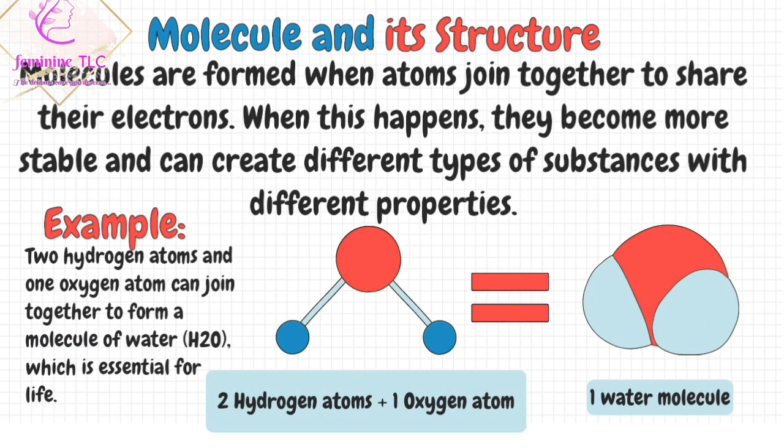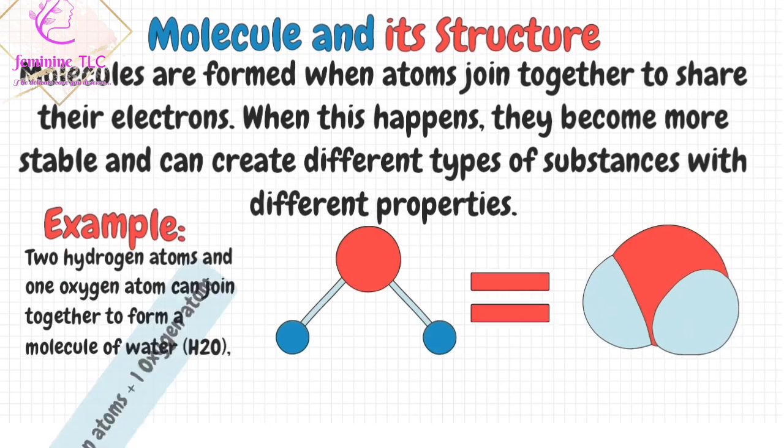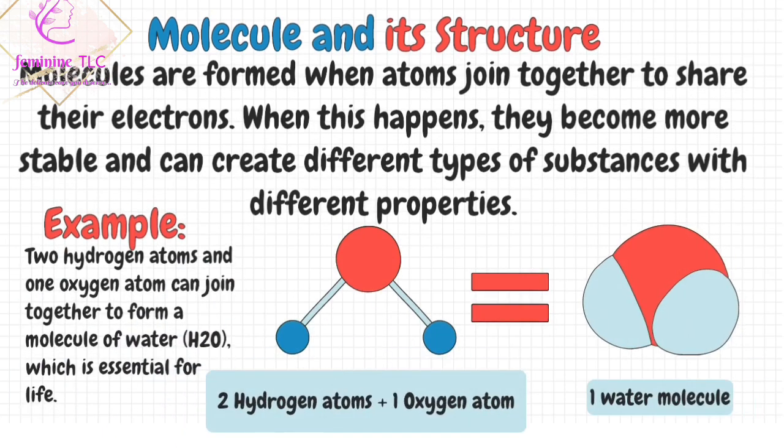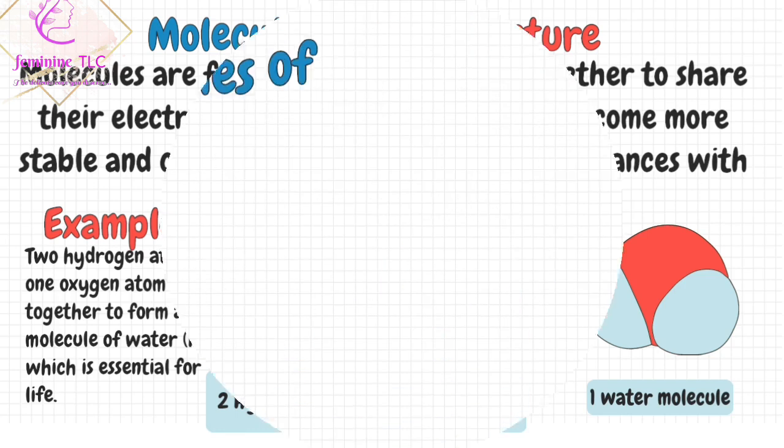Now, molecules are formed when atoms join together to share their electrons. When this happens, they become more stable and can create different types of substances with different properties. For example, two hydrogen atoms and one oxygen atom can join together to form a molecule of water, which is essential for life.